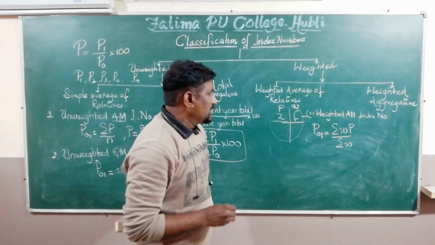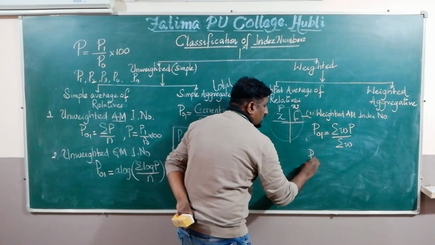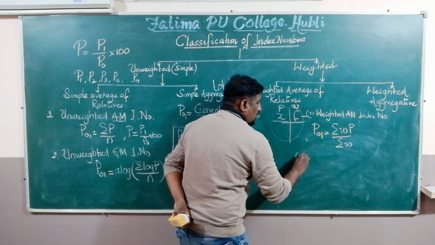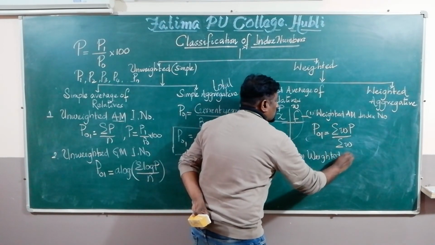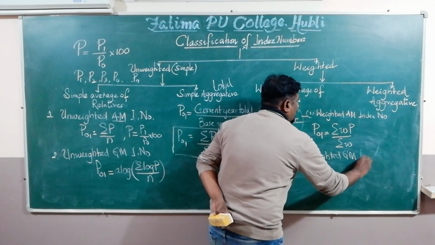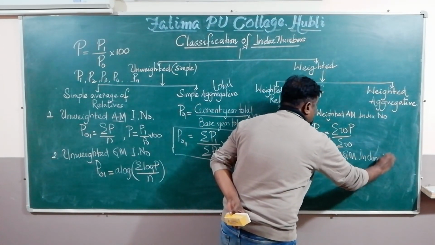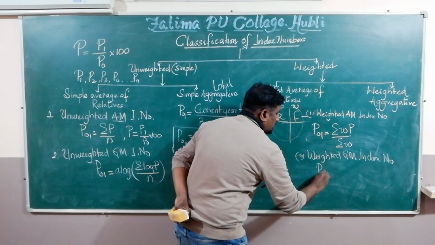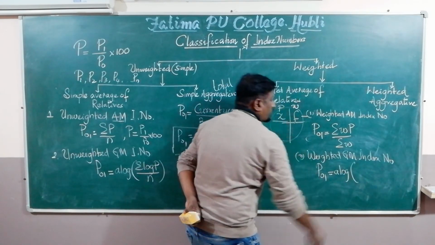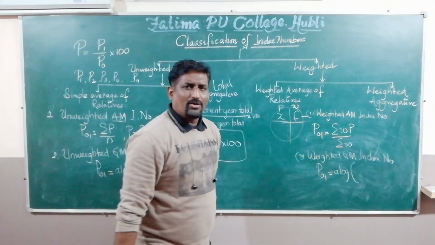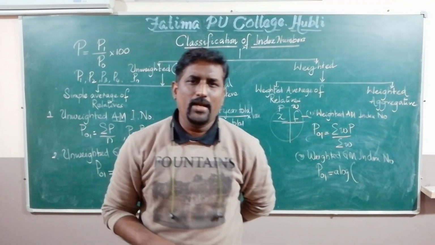This is one. Then for the geometric mean, how do you calculate it? That is the second one. We call it the weighted geometric mean index number, students. P01 is equal to antilog of, how do you calculate the geometric mean?